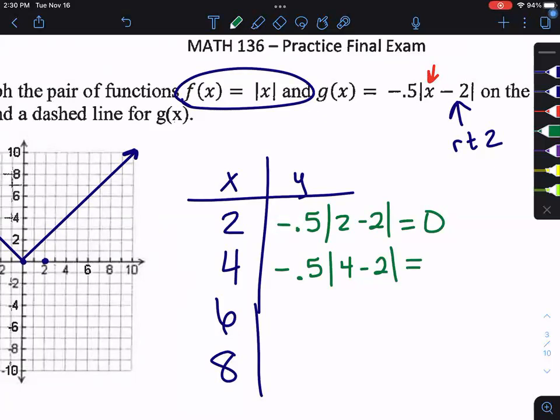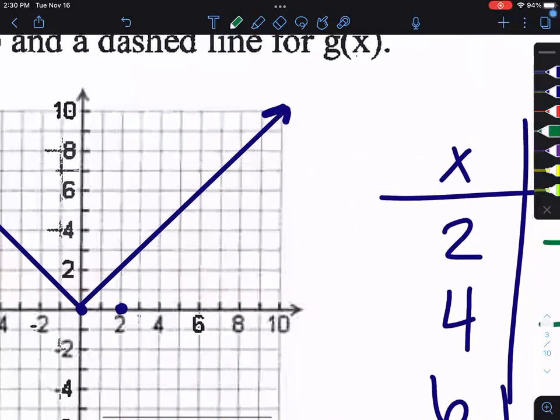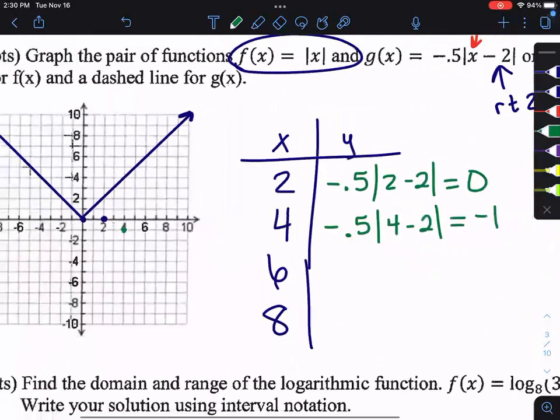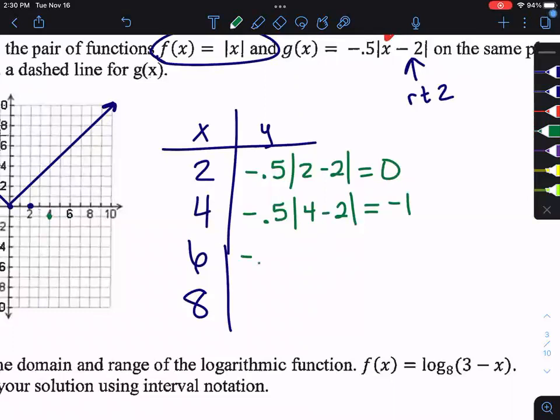For 4, we're going to use 4 minus 2, which is 2. The absolute value of 2 is positive 2, times negative 0.5 is negative 1. So that's going to give us the ordered pair 4, negative 1. Then we're going to plug in 6. 6 minus 2 is 4.